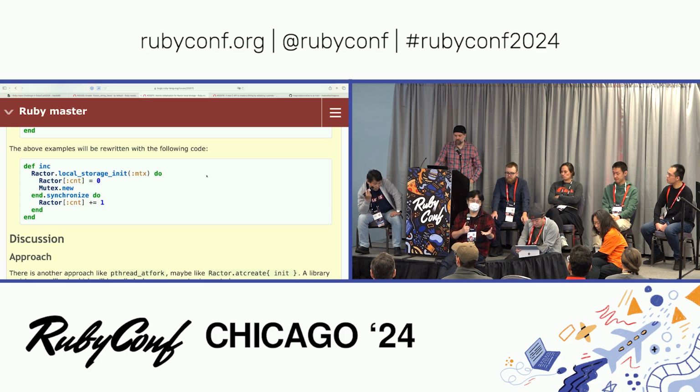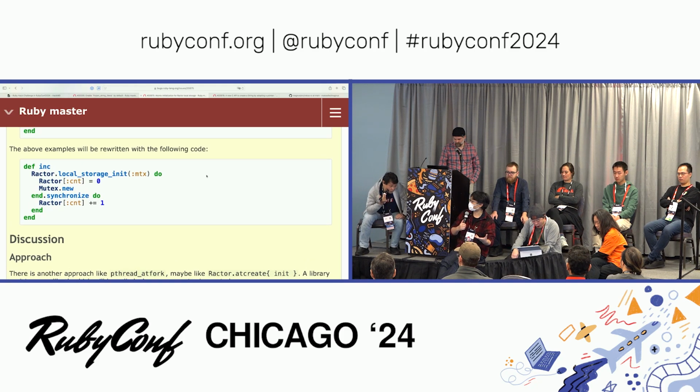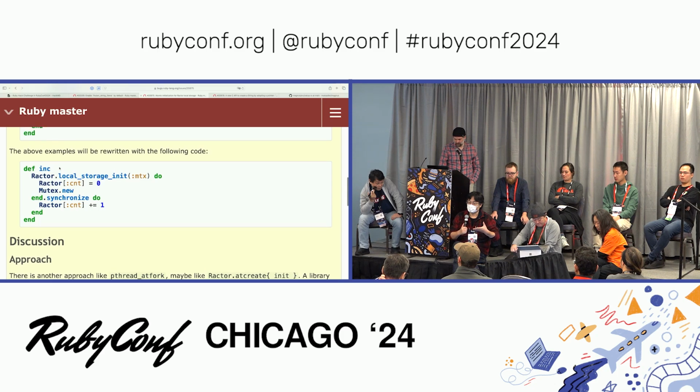So this method is provided to initialize some data atomically. For example, we don't need this feature without Ractor, because we can initialize at the required timing.